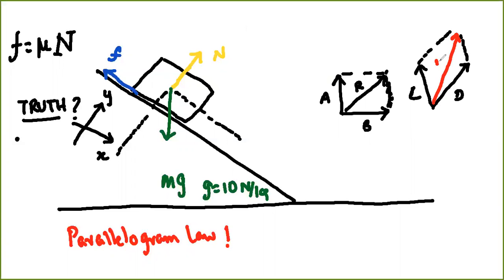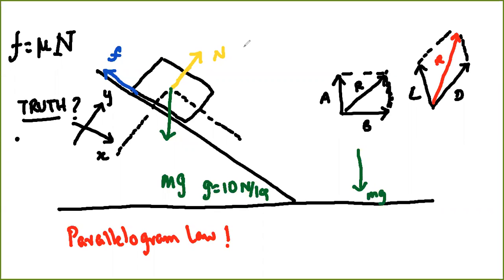Now, is there anything that prevents you from taking the gravity over here and trying to see if gravity can be the result of two vectors? I'm not drawing the box and all that. I'm just going to draw the gravity.